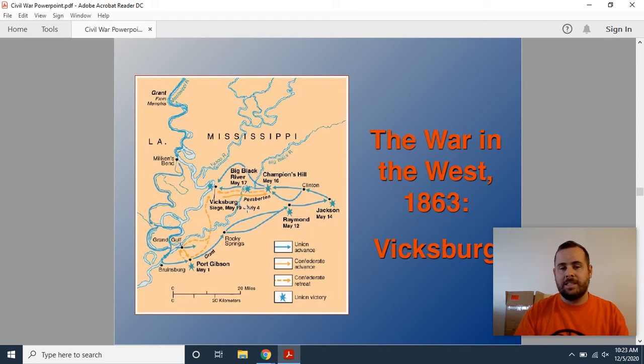On July 4th, 1863, Vicksburg is going to fall, and this is going to be a major victory for the Union Army in the West to control the Mississippi River, to divide the Confederacy in half, and begin the end process of conquering them. Remember, surround, divide, and conquer. This was critical to the divide part of that strategy.